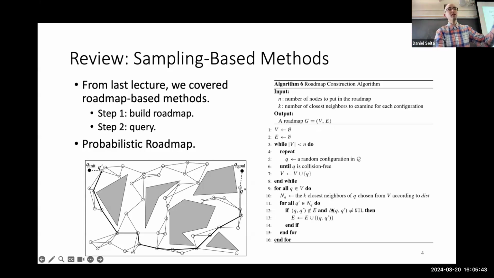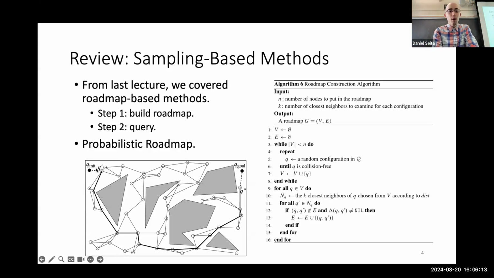We have delta Q and Q prime, and that's a local planner that can tell you whether you can go from Q to Q prime without any collision. But again, this has to be simple enough so that you can actually use it many times. If it's really complicated and very sophisticated, you might as well just start with that as your planner instead of doing the whole sampling-based stuff.